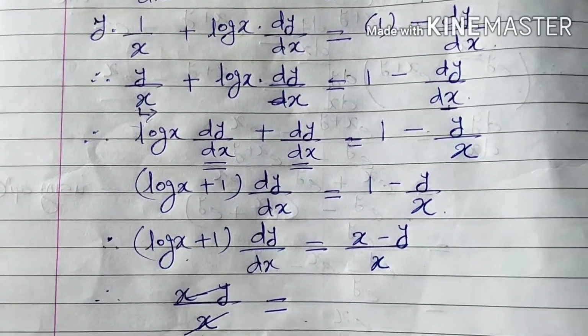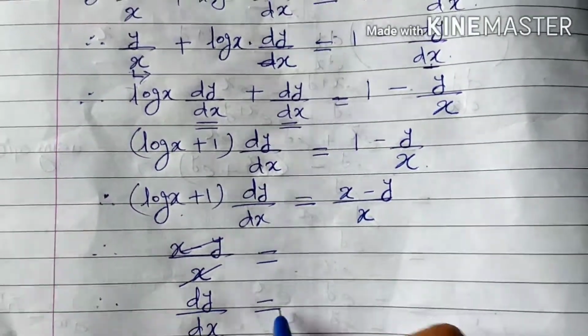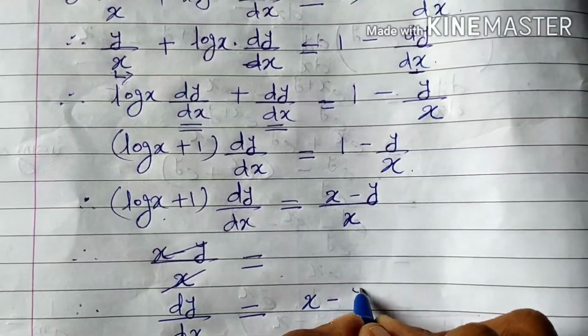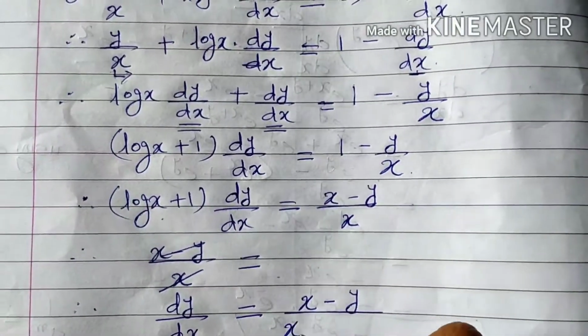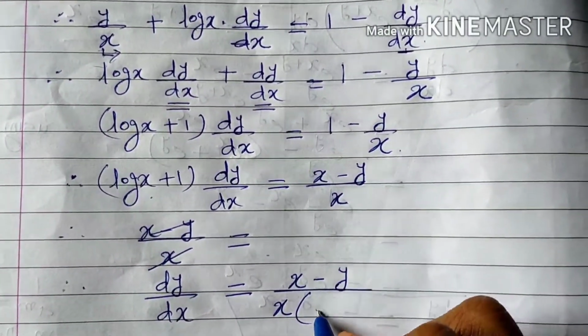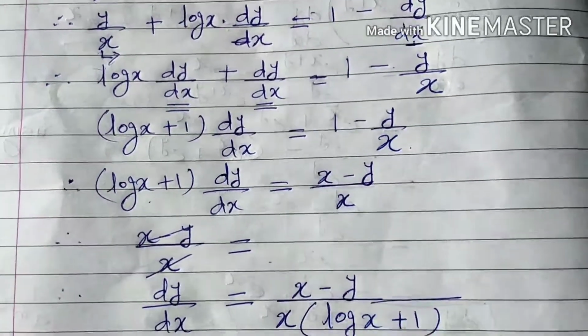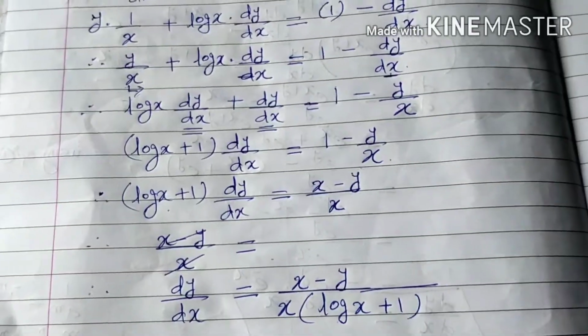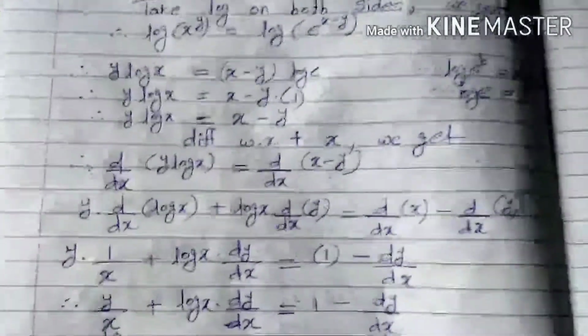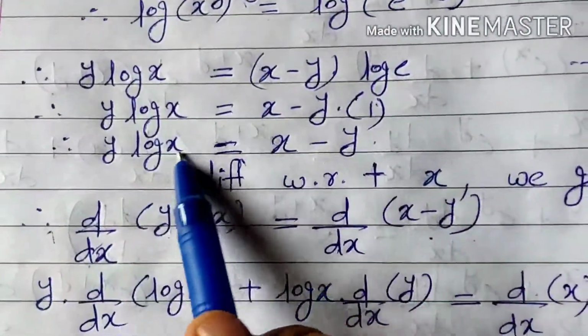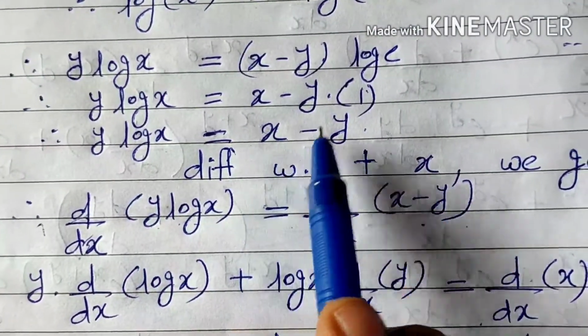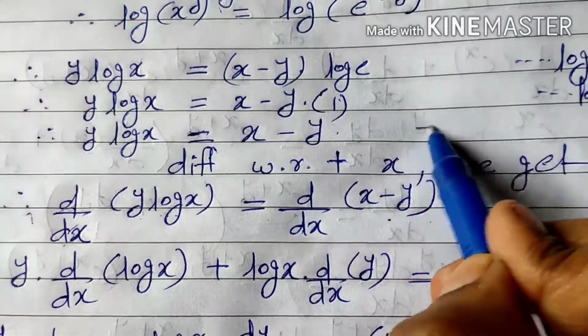Therefore dy by dx is equal to x minus y upon x, and here it is log x plus 1. Now here in our equation, the term y log x equal to x minus y, give it equation first.